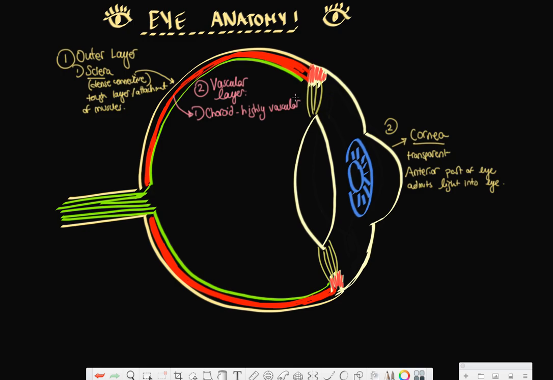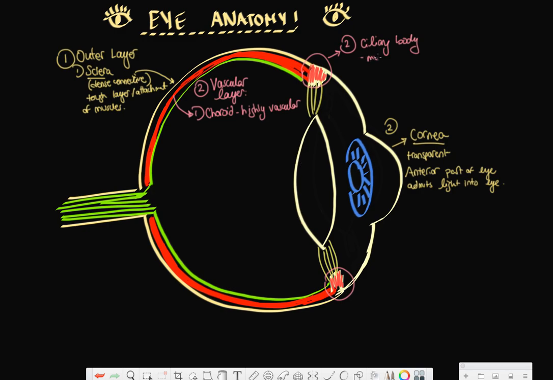Now the second component of the vascular layer is an extension of the choroid that we call the ciliary body. This ciliary body is a muscular ring that's going to surround this lens here, which we will talk about shortly.